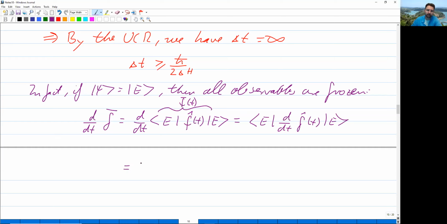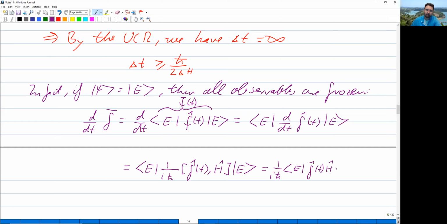And this can therefore be written as <E|, and then remember the Heisenberg equations of motion. They tell us that this is 1 over i h bar times the commutator of f hat of t with h hat, |E>. Let's write it out. This is 1 over i h bar, and then it's <E|, and then it's f hat of t h hat minus h hat f hat of t, |E>.